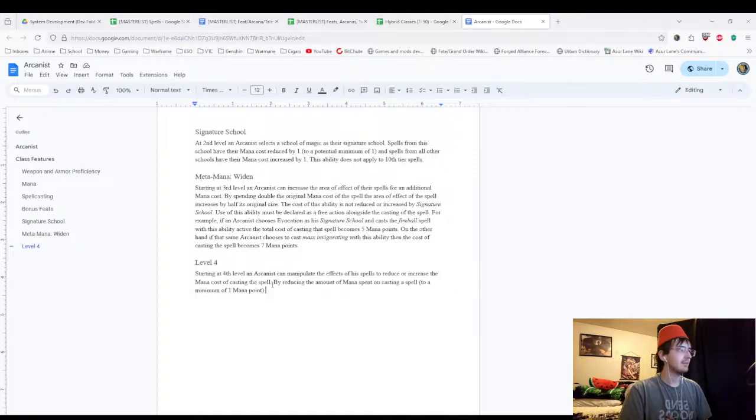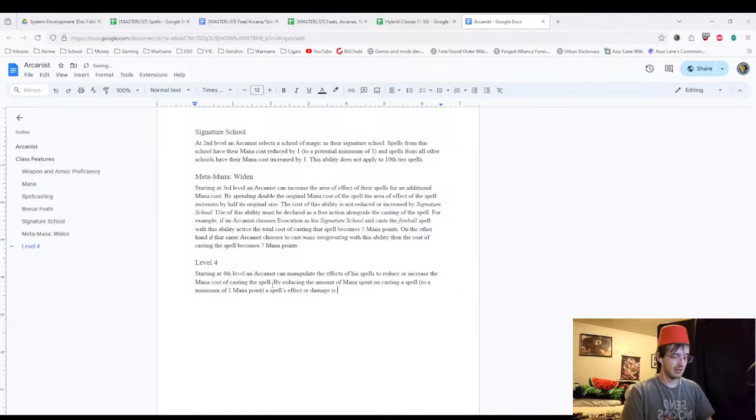Right. A spell's effect or, wait, hold on, let me actually read this sentence. By reducing the amount of mana spent on casting a spell, a spell's effect or damage can be reduced.